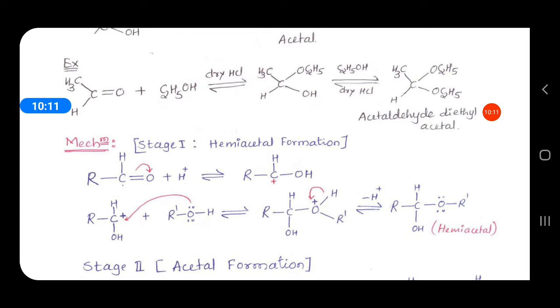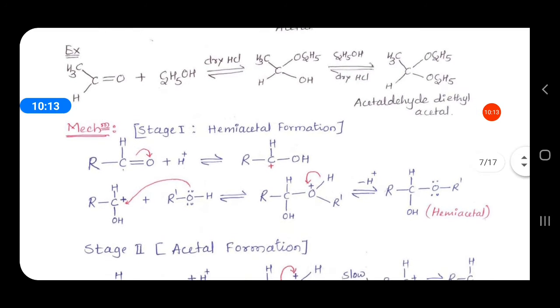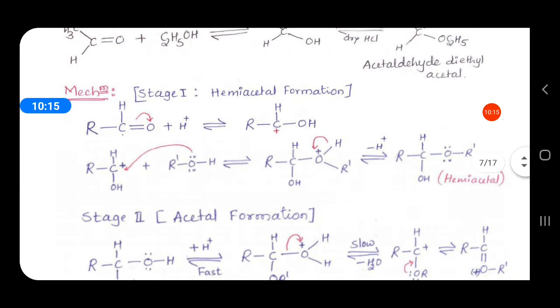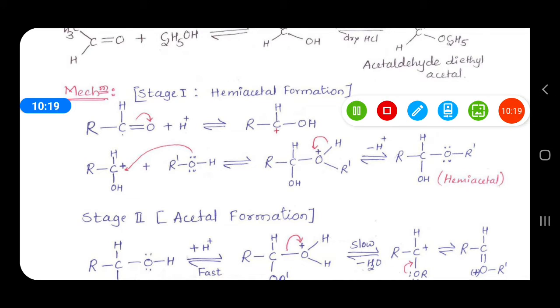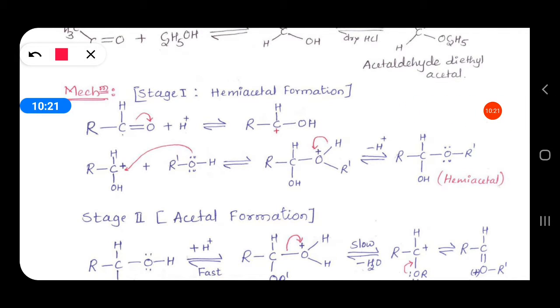This takes place in two steps. In the first step, hemiacetal formation. In the second step, acetal formation. This reaction takes place in presence of an acid, dry HCl. In presence of an acid, the pi electrons of the CO bond shift towards oxygen and carbon becomes plus.